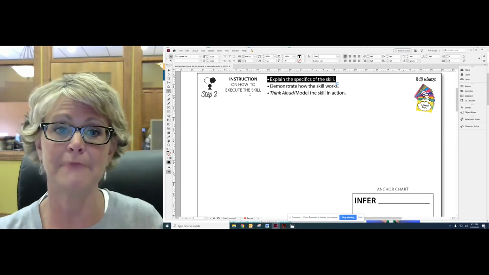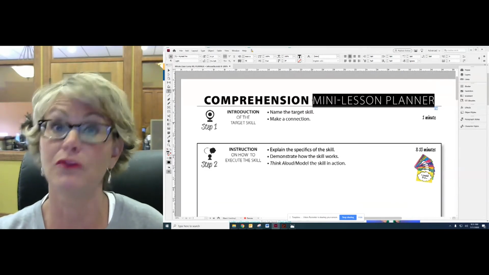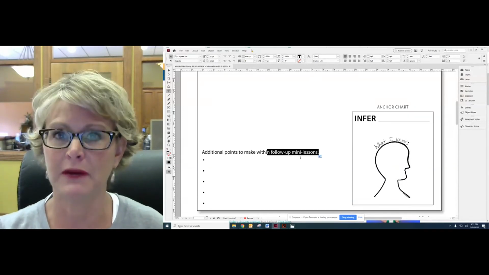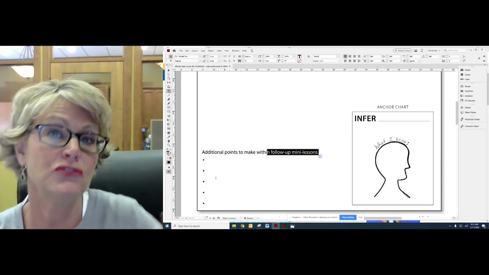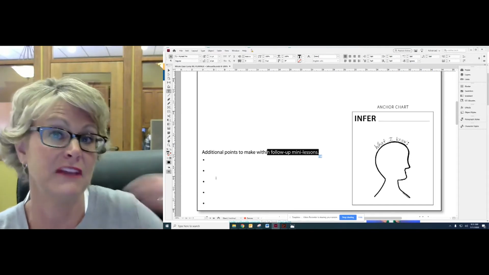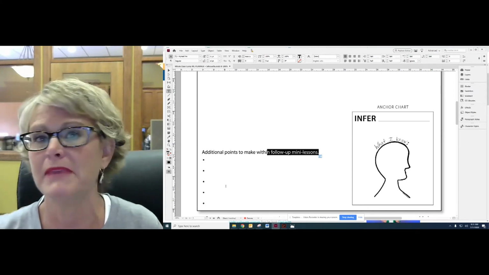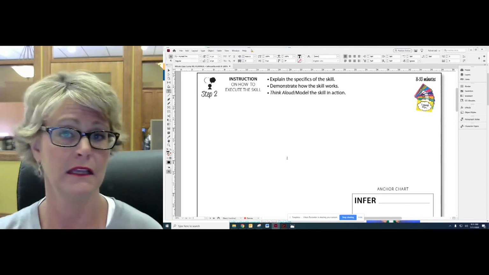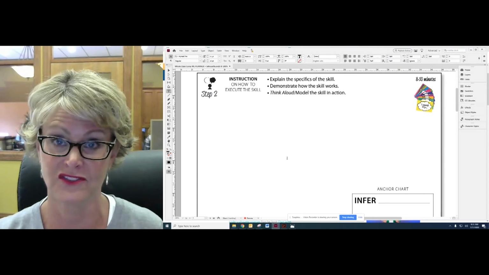So in this step 2 part of my mini lesson planner for the week, I also have key points for follow-up lessons, little things I want to make sure come out on Tuesday's whole class lesson about perspective, and Wednesday's whole class lesson, and Thursday, and all week long. Because if I try to teach them all of this in one mini lesson, it's not mini. It's too much too fast.